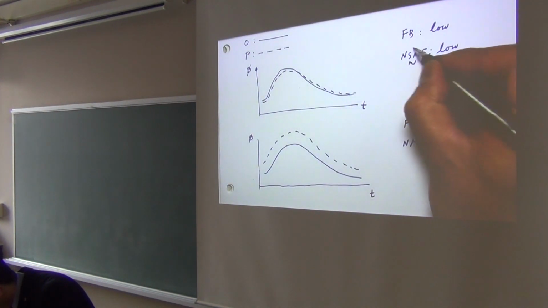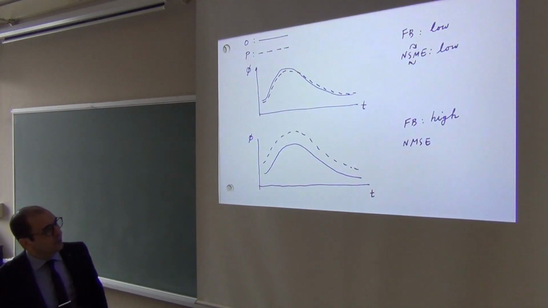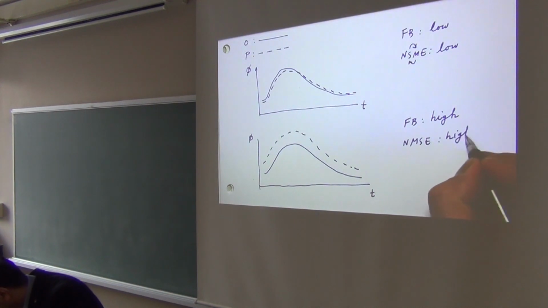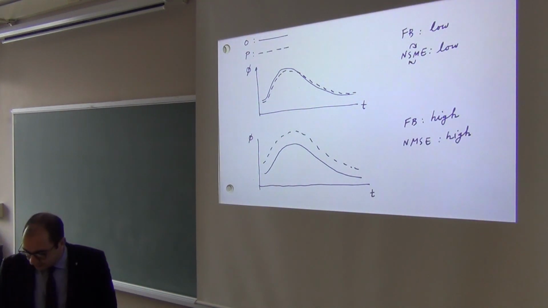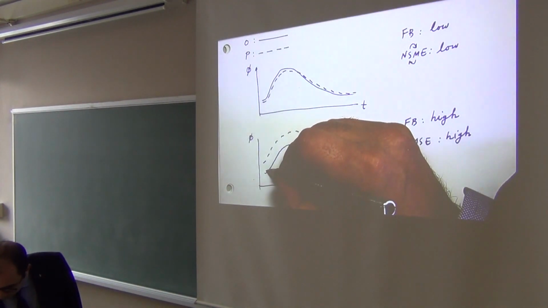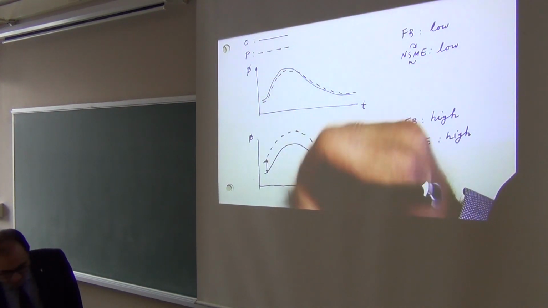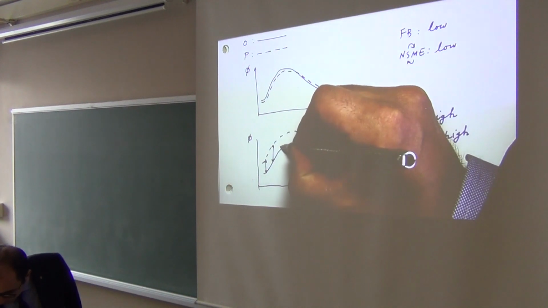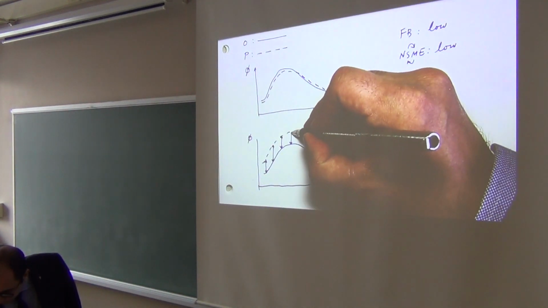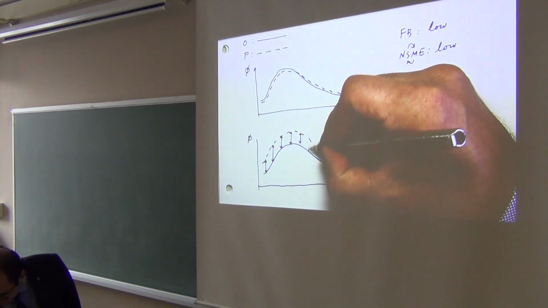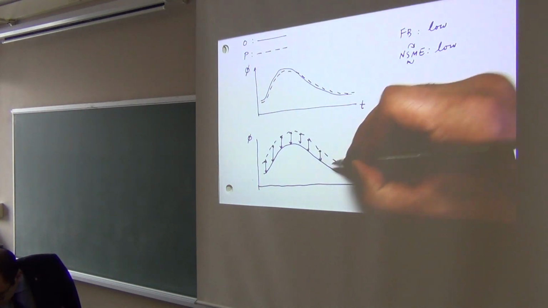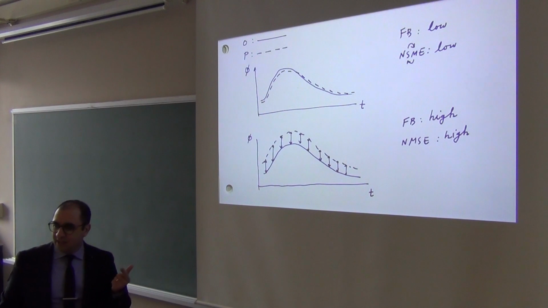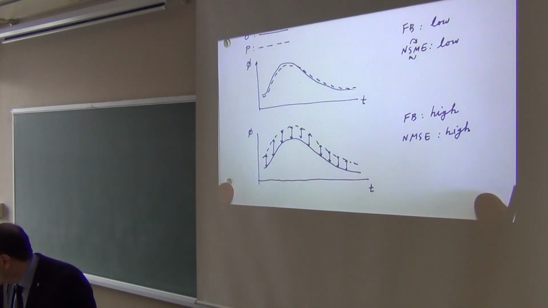So is NMSE. It's going to be high because there's still a scatter between observation and model. First of all, the model predictions are shifted upwards, so there should be a bias here. Also, for every pair of measurements and predictions, there is a difference.